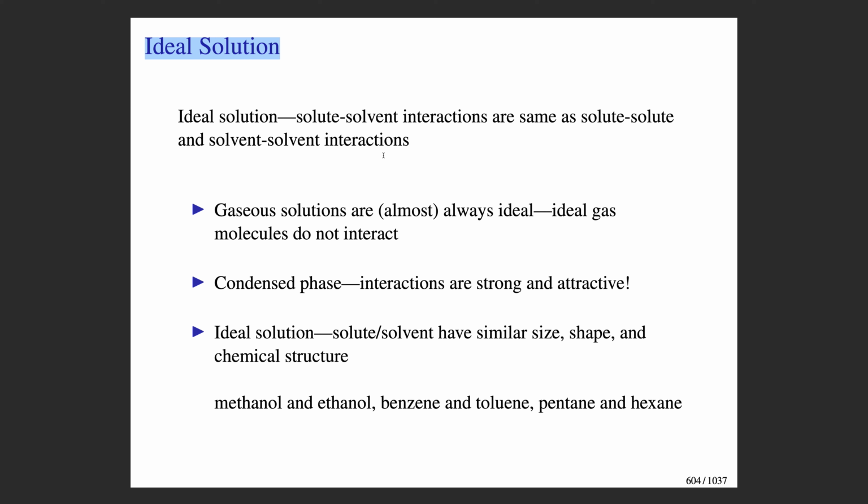So therefore, if you've got a mixture of helium and xenon gases, the interactions between the molecules are assumed to be so small that we can neglect them. So of course the interaction between helium and xenon atoms is going to be the same as the interactions between helium atoms and helium atoms and xenon atoms and xenon atoms. The interactions are all zero. Okay, so an ideal gas solution is always ideal.